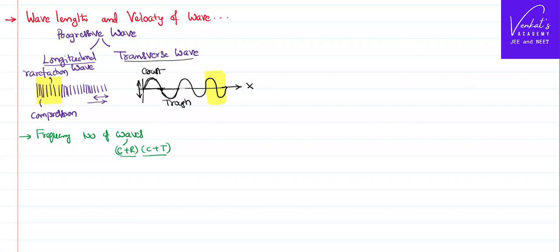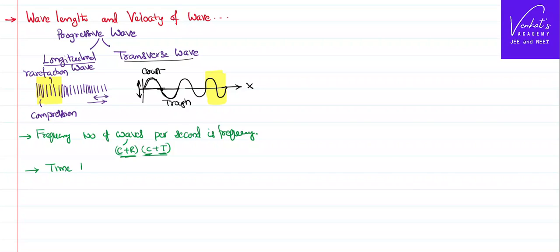This combination means immediately after the compression, whatever the rarefaction is there, or immediately after the crest, the next trough that is there, that is called one wave. How many waves like that are there per second is called frequency.